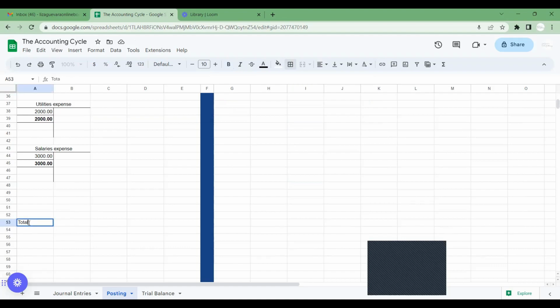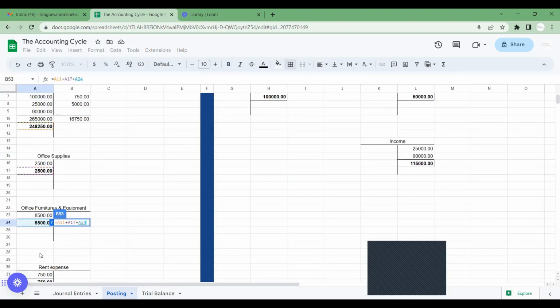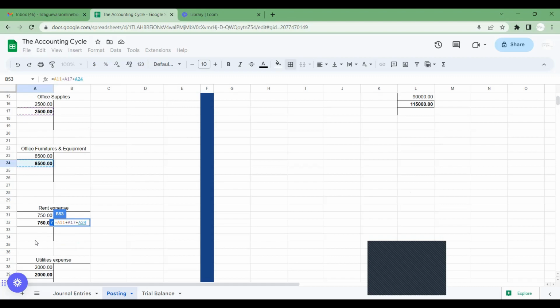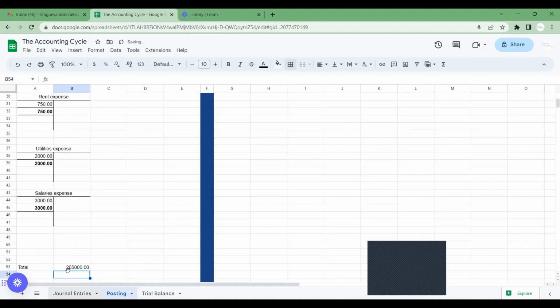Total assets here. We have cash plus office supplies plus office furniture and equipment plus rent expense plus utilities and plus salaries expense. So we have the total of the asset side is 265,000.